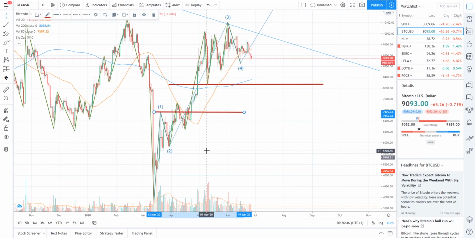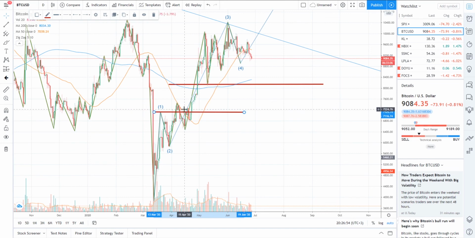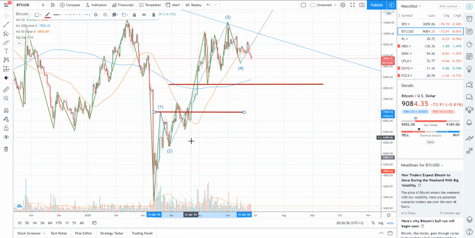Also, we are looking for a really high volume breakout so that we can be sure that it won't return again. You can see that we have a small wave over here, which is with small volume, and this is why we are going to skip this one and take the next one, which is, again, a high volume day.